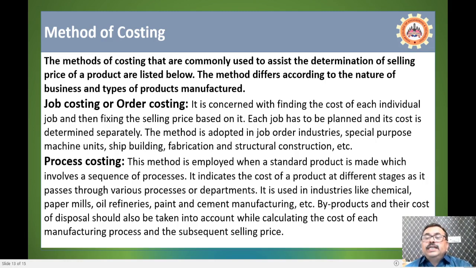It is used in industries like chemical industry, paper mills, oil refineries, paint and cement manufacturing industries. By-products and their cost of disposal are also taken into account while calculating the cost of each manufacturing process and the subsequent selling price of a product.